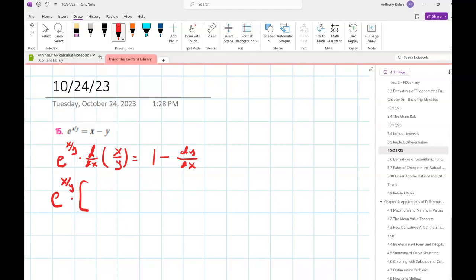To do that, it requires a quotient rule. So I have the bottom times the derivative of the top, which will just be 1, minus the top times the derivative of the bottom, which would be dy/dx. And that's all over the bottom squared.